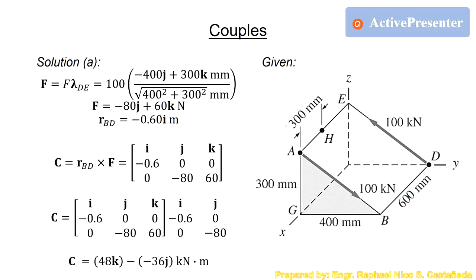So this is the solution. First, let's have this 100 kilonewton force acting at D in vector form. In vector form, we have F times lambda DE.